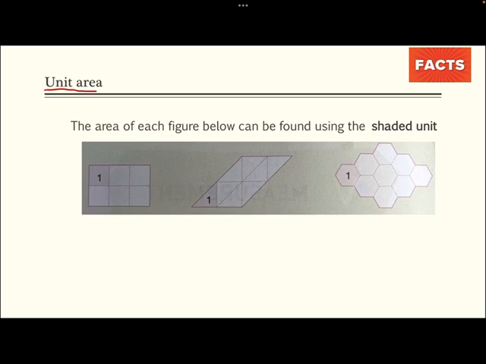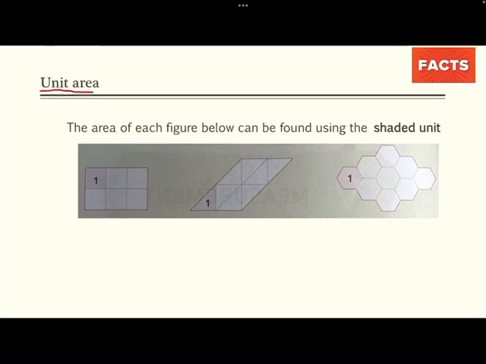For example, like the first one, if we don't know the total area of the rectangle, but we know that this rectangle consists of 6 identical squares, then if we know the area of one square, we can easily multiply by 6 to get the rectangle. Similar to the second example, if we know the area of the triangle, we can use lines to cut the whole parallelogram into different triangles, and then multiply to get the whole area of the parallelogram.